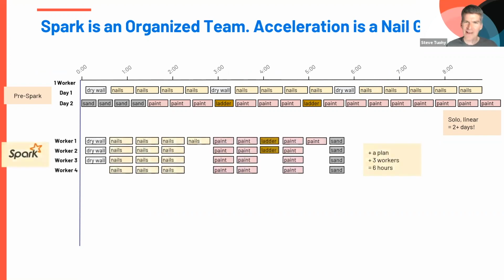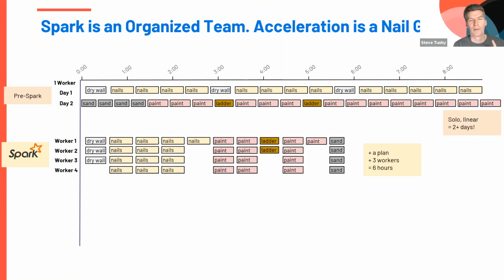Now I said, I can get this done faster with a little help from my friends or family in some socially distant, pandemic-specific way. And if we have a plan and we organize this, we can make this run a lot faster. So this is sort of like going from a non-distributed fashion, pre-Spark, pre-Hadoop, shifting to Spark. We're taking this 2-day process and now we're going to accomplish it in 6 hours.